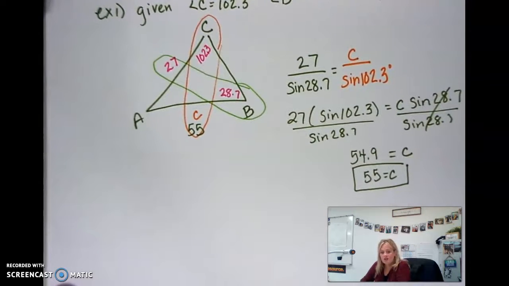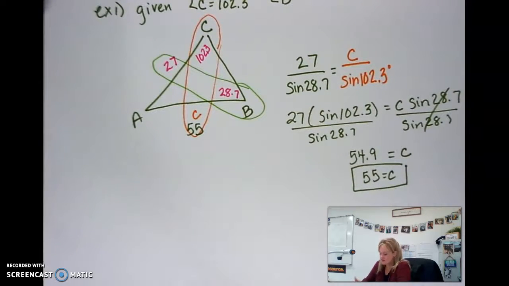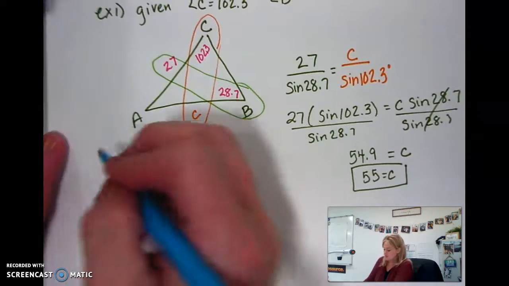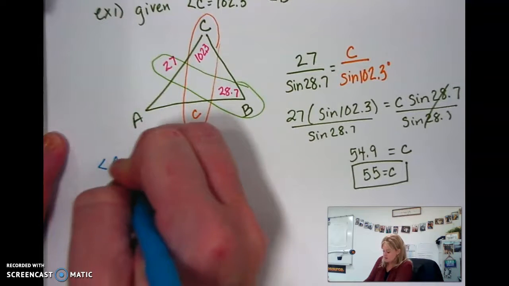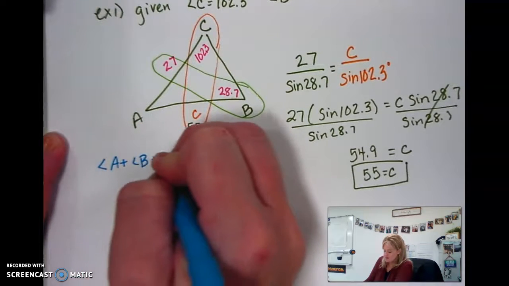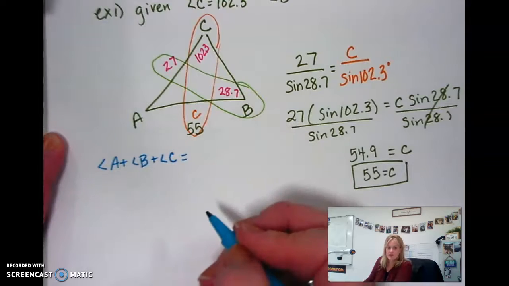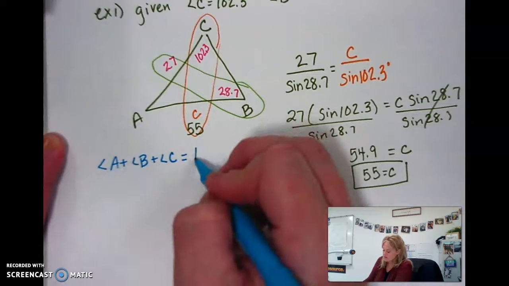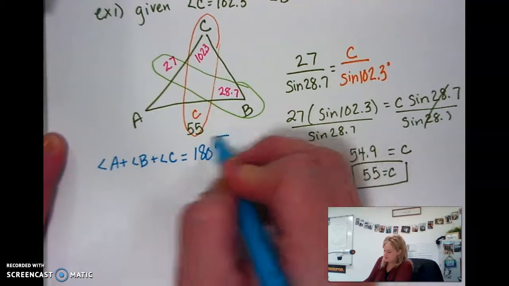Now, solving a triangle means finding all the missing sides and angles. Well, what are we still missing here? We're missing A. We don't have anything for A. But there is one thing that I can find for A right now. What do we know about all 3 angles of a triangle? We know that all 3 angles add up to 180 degrees.